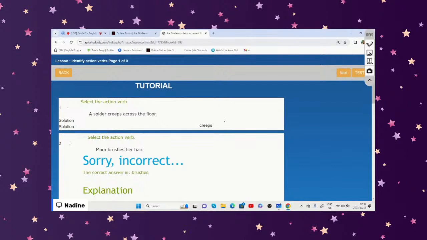And yes, if we identify certain words, for example, like creeps. So creeps is correct. So creeps is our action verb that we identified.